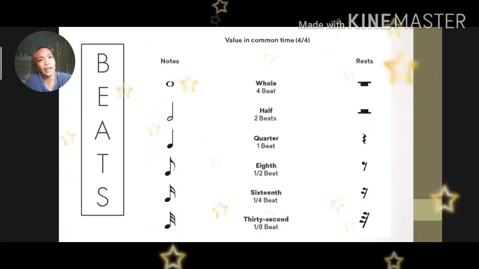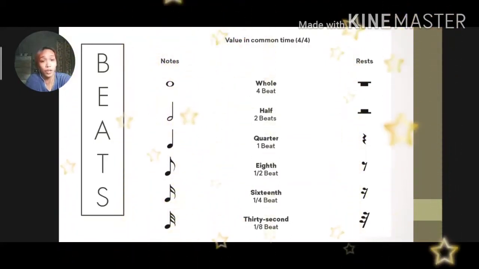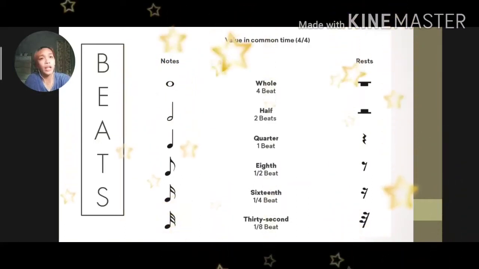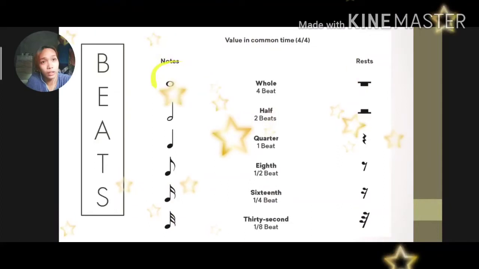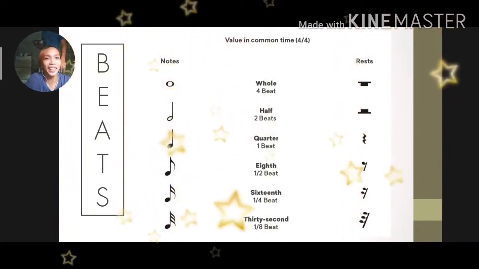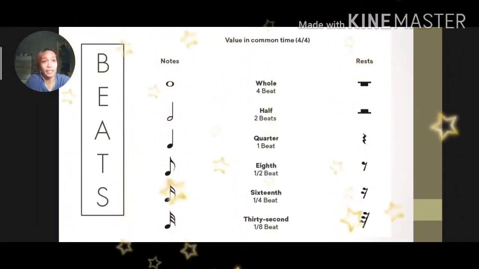Now, let us discuss the beat in a rhythm. Take a look at these different symbols. This symbol indicates the notes, and this symbol indicates the rest.